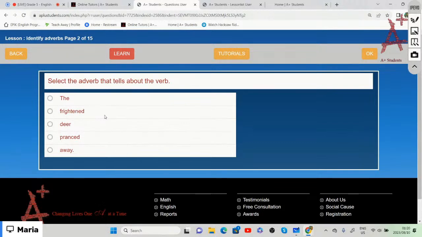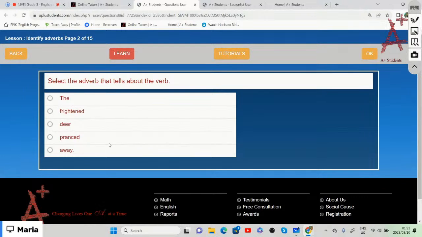We need to select the adverb that tells us about the verb, right? So the frightened deer pranced away. We need to select the adverb within that sentence.